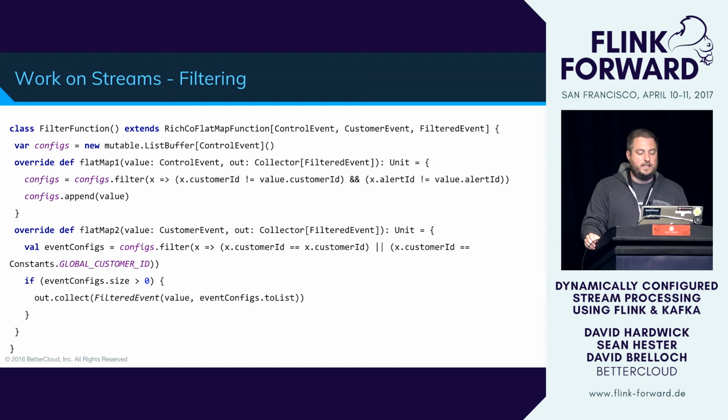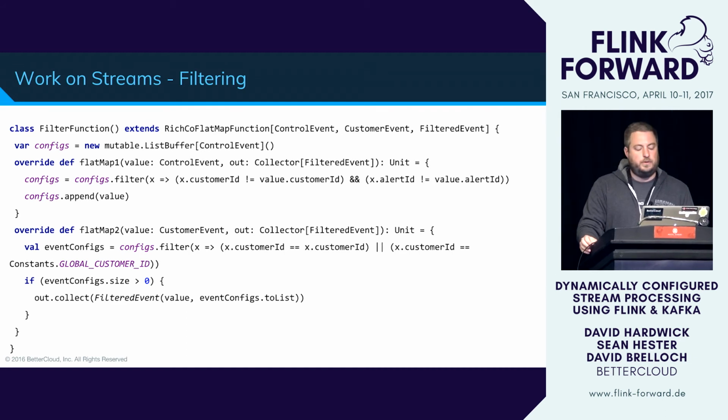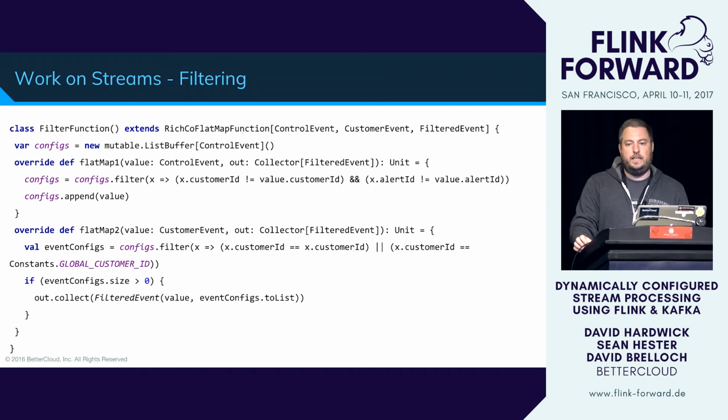So as a new one comes in, we'll filter out whatever needs to be replaced and throw it in. Then flat map 2 takes in the customer events that are sent in and sees if there are any configs already saved to the system that match that customer ID. If there are, it outputs that event along with the matching configurations, the matching control events.